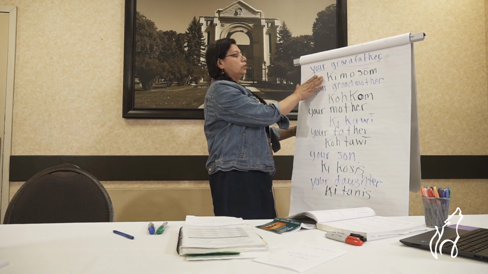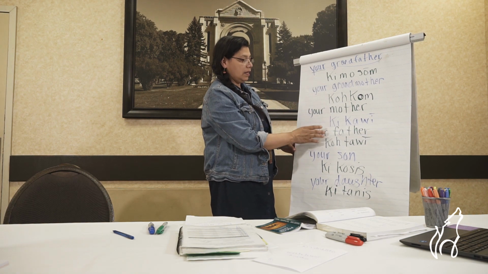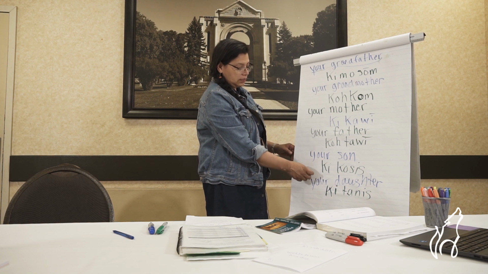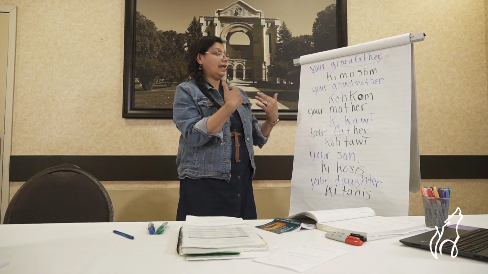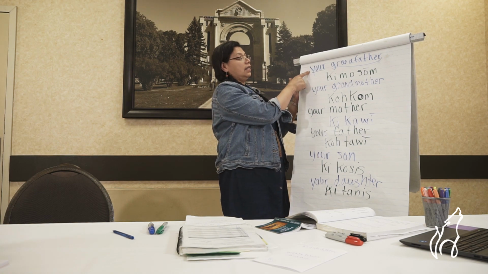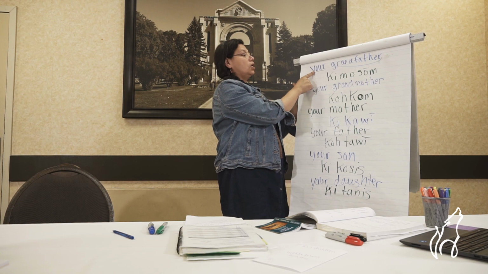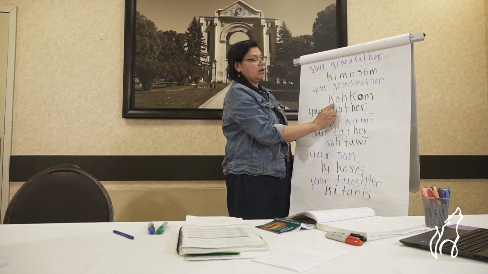Okay, so let's review from the top for your grandfather, Kimoshum, Kukum, Gikawi, Gohtawi, Gikosis, Gitanis. Okay, so without me saying it in Cree, I'll say it in English and you're gonna read this. Okay, you ready? Your grandfather. Your grandmother.